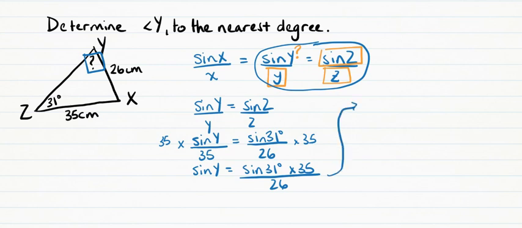And just like with our primary trigonometric ratios, anytime we need to solve for an angle, we need to take the inverse. So in this case, the sine inverse. So angle y is going to be equal to the sine inverse of everything that was on the right-hand side of this equation.